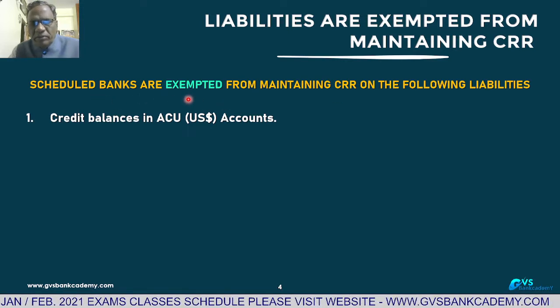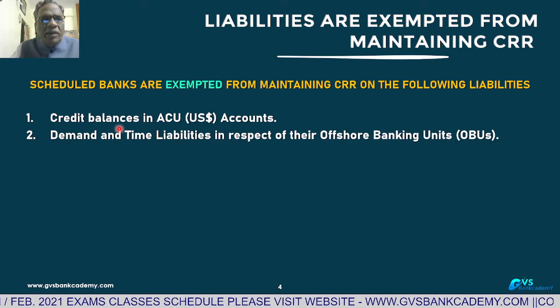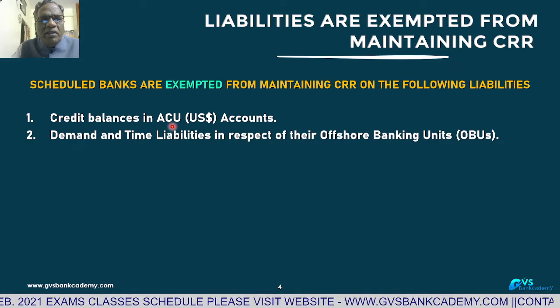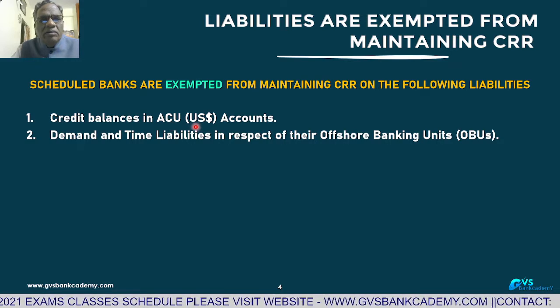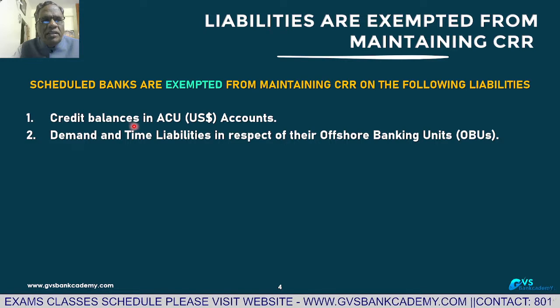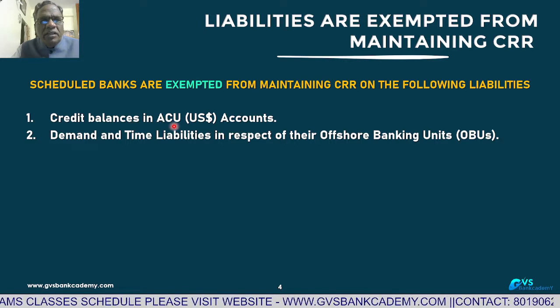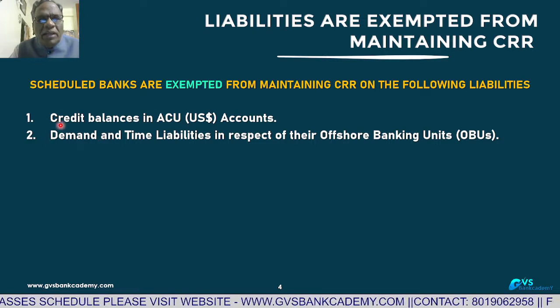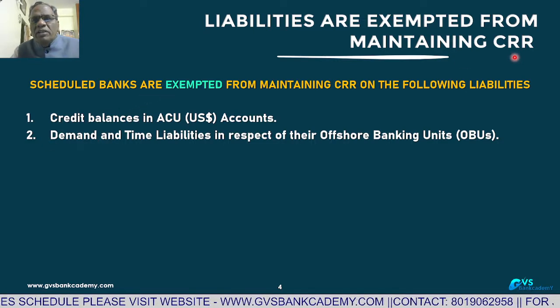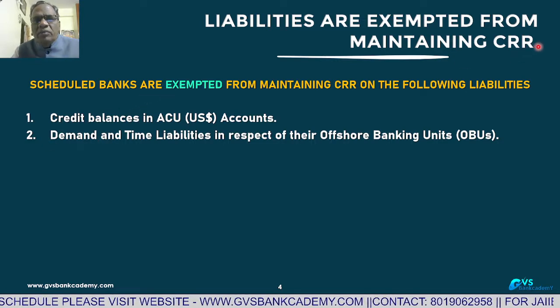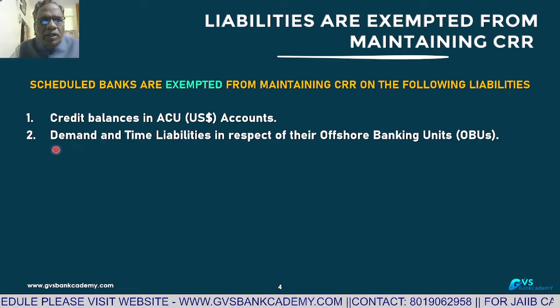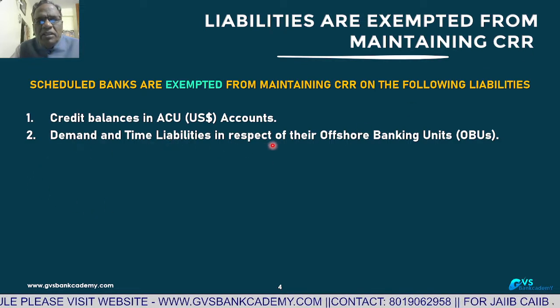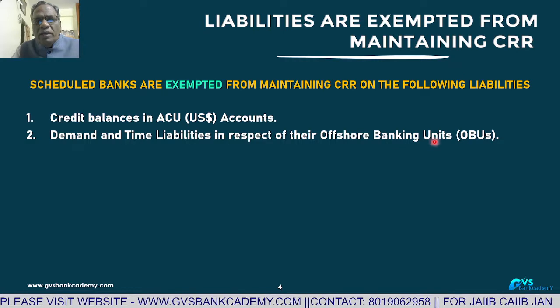Exempted, what are they? Credit balance in Asian Clearing Union dollar accounts. Credit balance in ACU, Asian Clearing Union dollar accounts. Whatever the balance is there, on those balances they are exempted for CRR, cash reserve ratio. Number 1. Number 2, demand and time liabilities in respect of their offshore banking units.